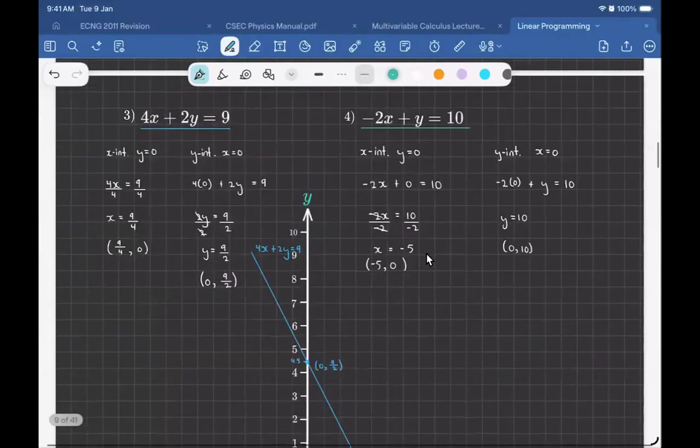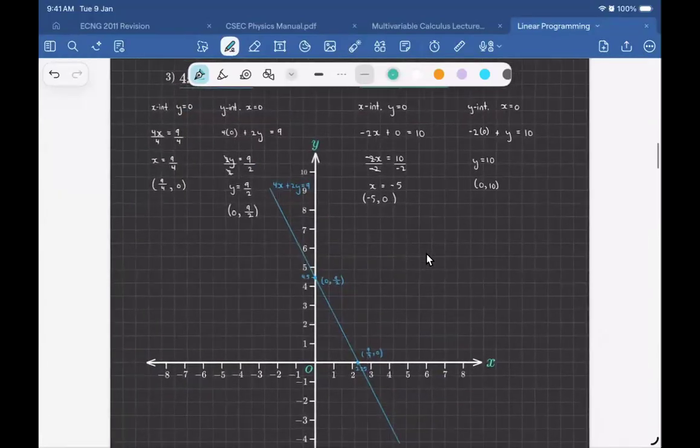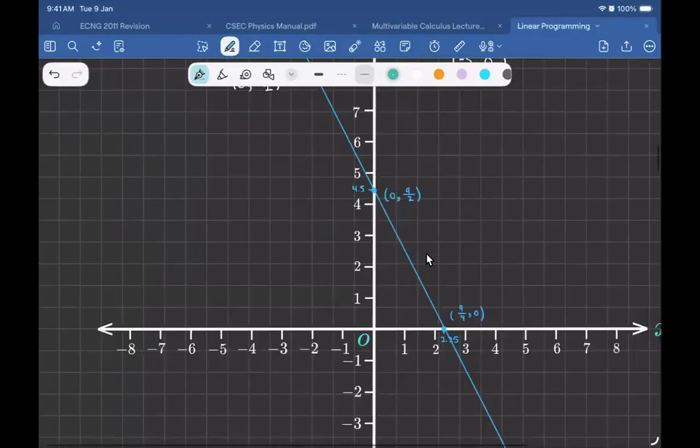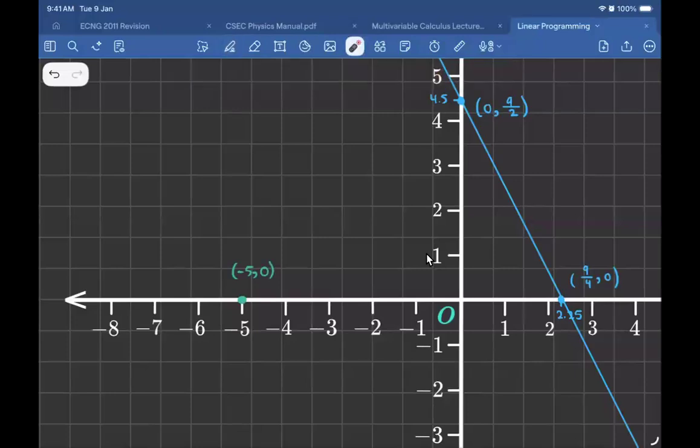So let's do the x-intercept first. Where am I going to put my point? Minus 5. On the x-axis. Right. Minus 5 over here. And that point is minus 5, comma 0. Right. And if you're ever confused, look at this, Vanessa.